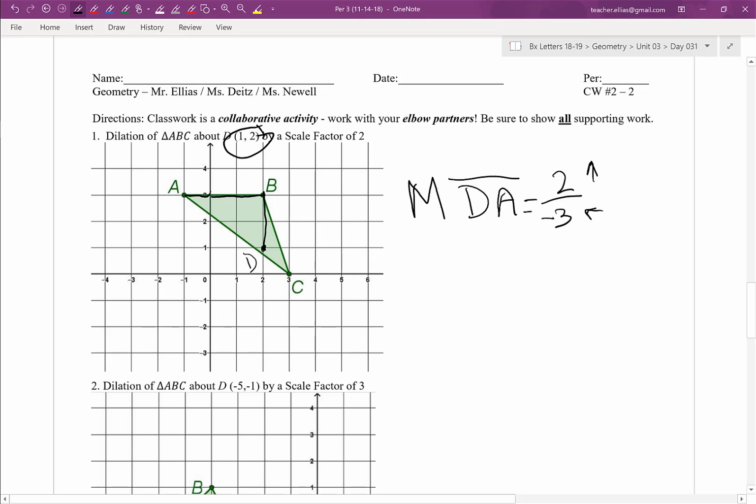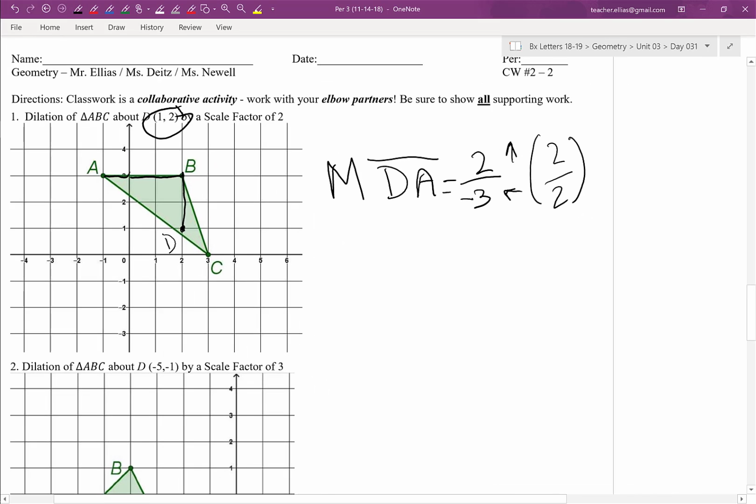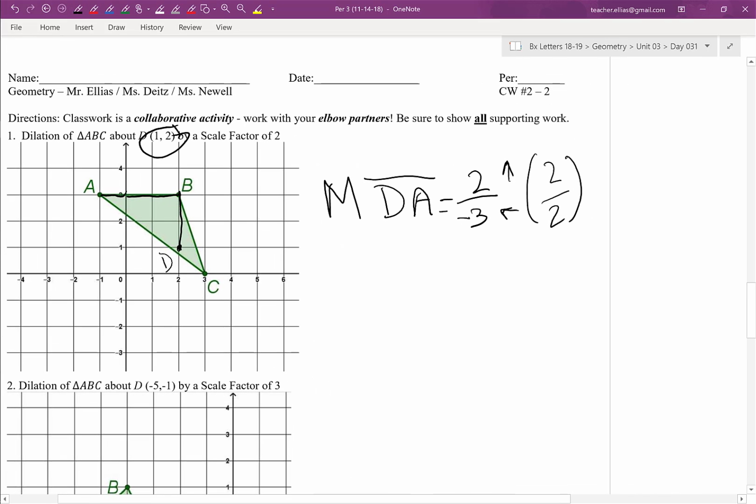And then we're going to times it by 2, and we will get... So from here, go over 1, up, and we will get that.